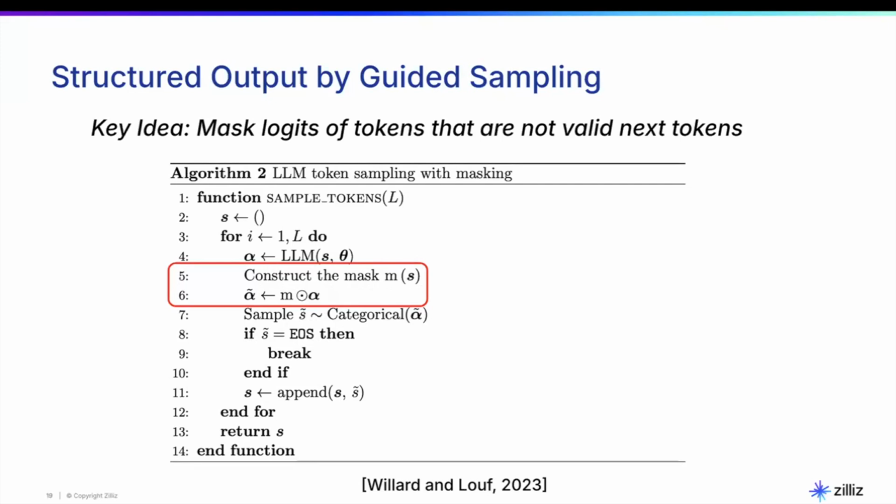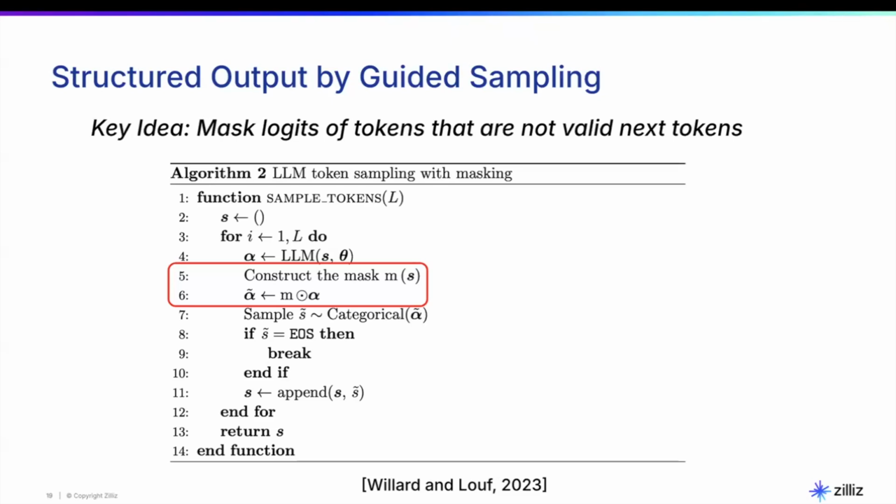In the algorithm, the modification between the basic sampling algorithm and this guided sampling is the two steps that I've circled in red. How it works is we construct a binary mask, a vector of zeros and ones that we can then pointwise multiply the logits from the large language model with.